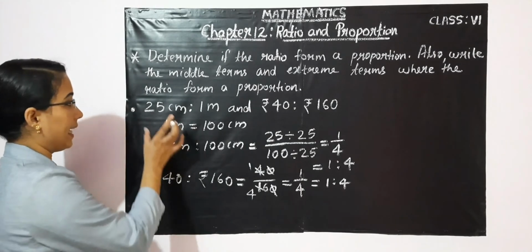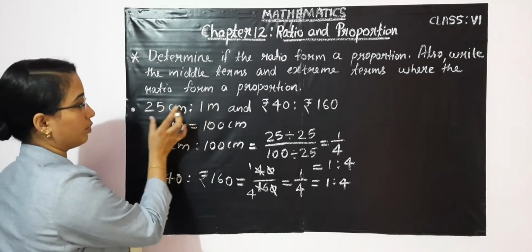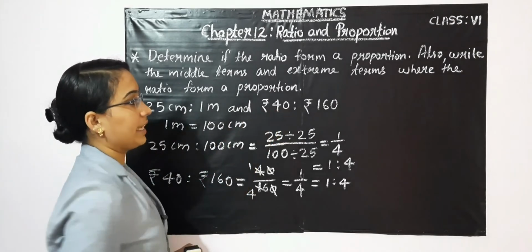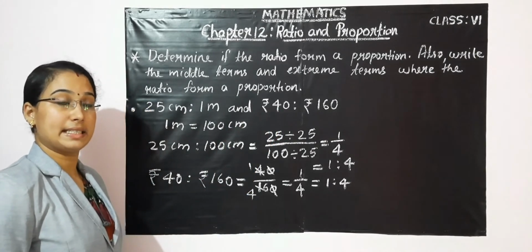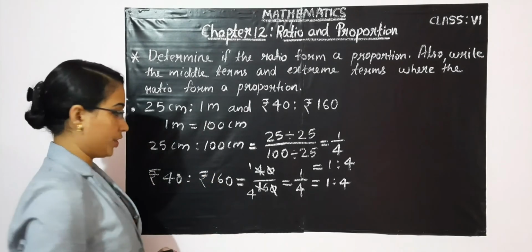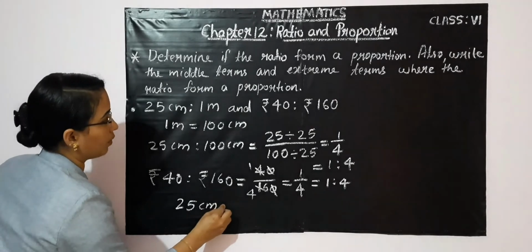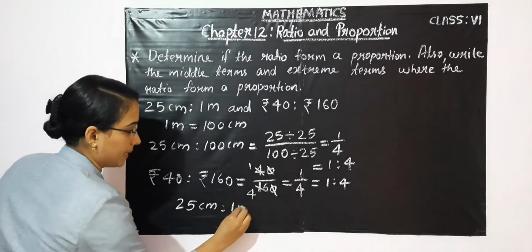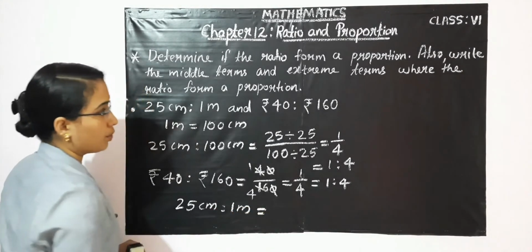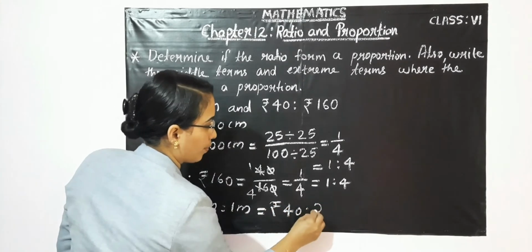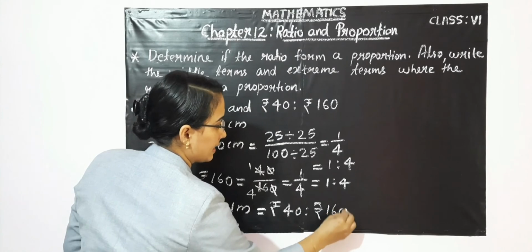So we can say 25 centimeter is to 1 meter and rupees 40 is to rupees 160 both are in proportion. So we can write 25 centimeter is to 1 meter equal to rupees 40 is to rupees 160.